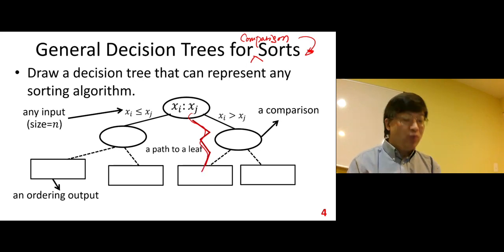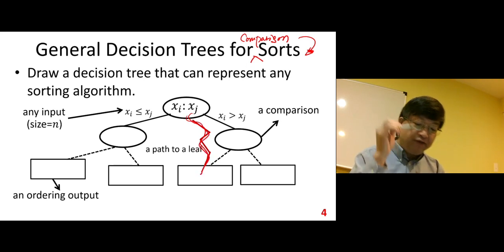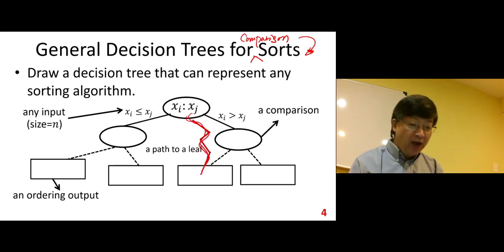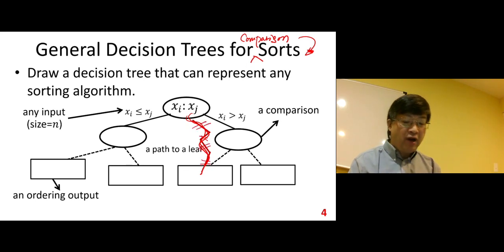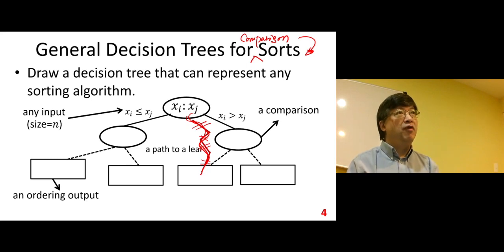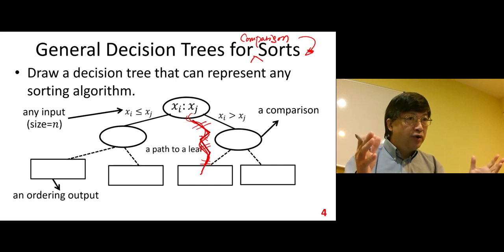We can count the edges in that path as the number of comparisons for that particular input. That is our general understanding of the general procedure of a comparison sort.